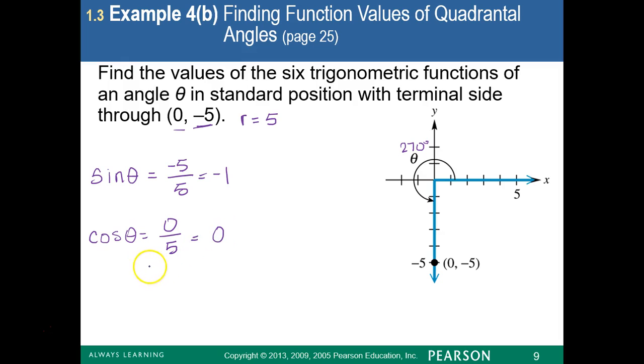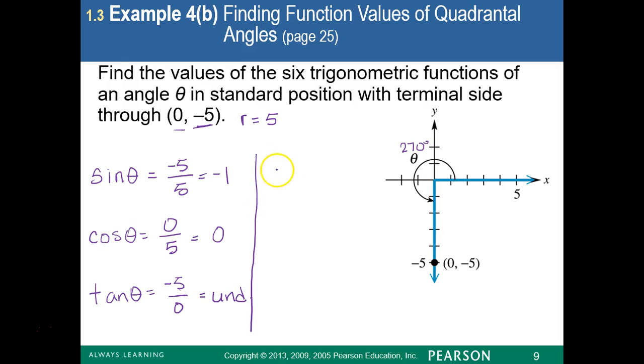That is 0. And tangent of theta is y over x. So negative 5 over 0. And this ends up being undefined.